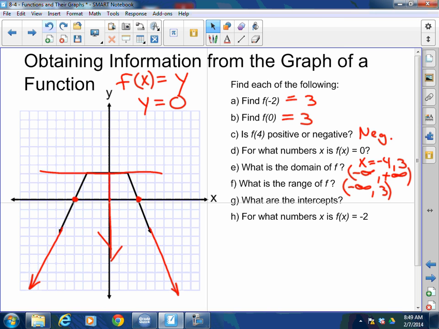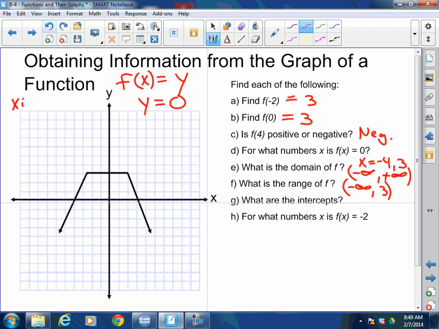Okay, what are the intercepts? Remember, there are my x-intercepts, which is the x value when y is 0, and there's my y-intercept, which is the y value when x is 0. So what are my intercepts here? Come again? The 3 is in a bracket here. Yes. Thank you, sir.